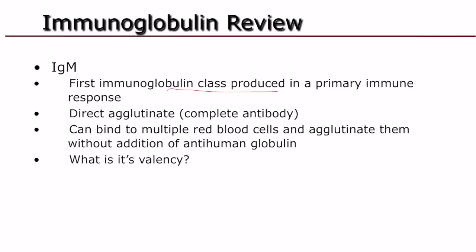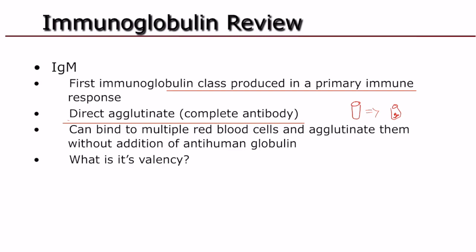More review, IgM. This is the first one produced in the primary response. We call this a direct agglutinant. This is the one when we mix our reagents together in our tube that we're going to see those clumps, those aggregates. So when you were in lab and you saw those clumping cells, it was the IgM antibodies that did that.